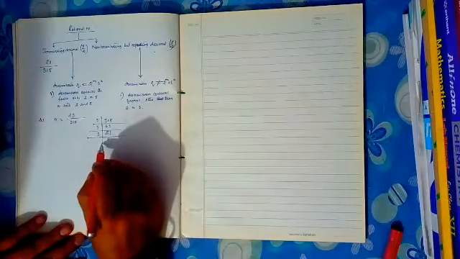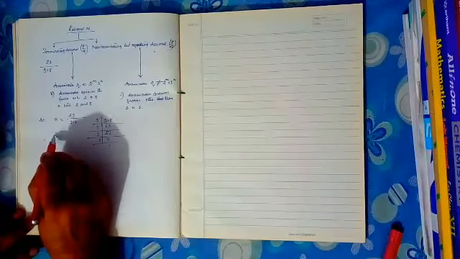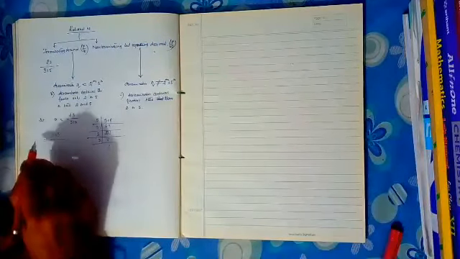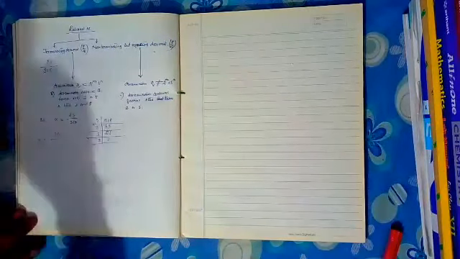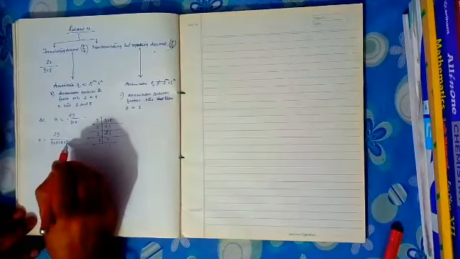So the number can be written, x is equal to 23 by 3 into 3 into 5 into 7.